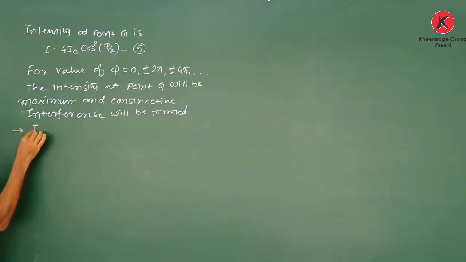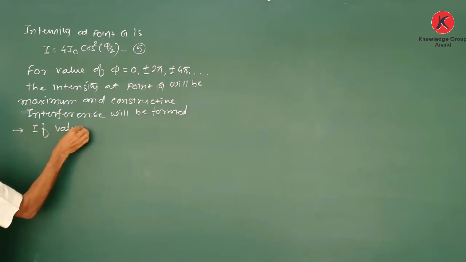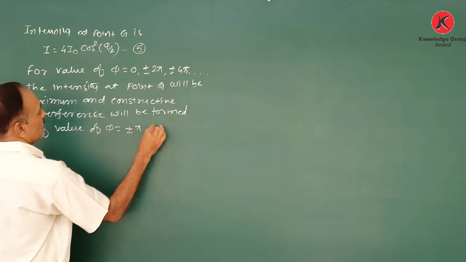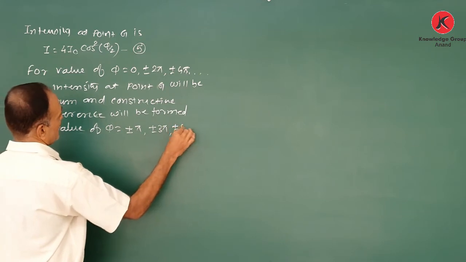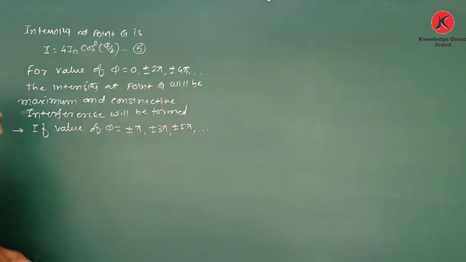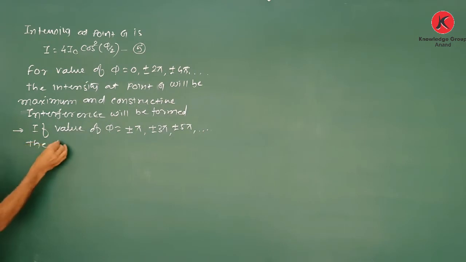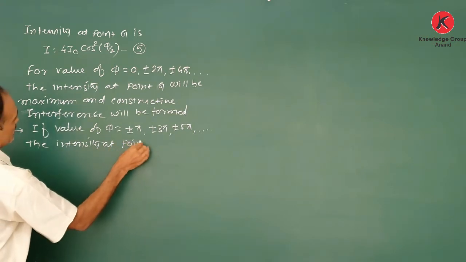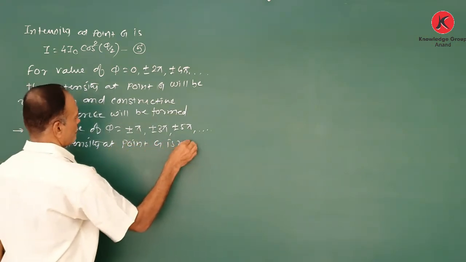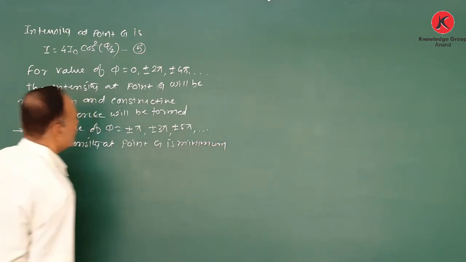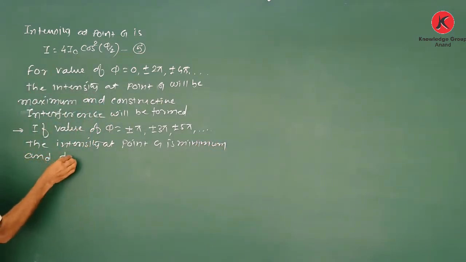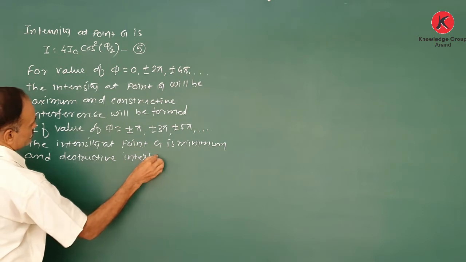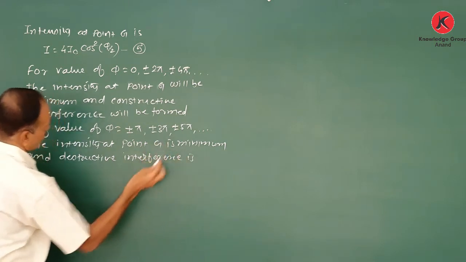And if phi is equal to plus or minus pi, plus or minus 3 pi, plus or minus 5 pi, and so on, the intensity at point G is minimum and destructive interference is formed.